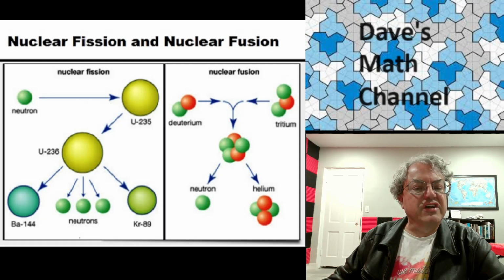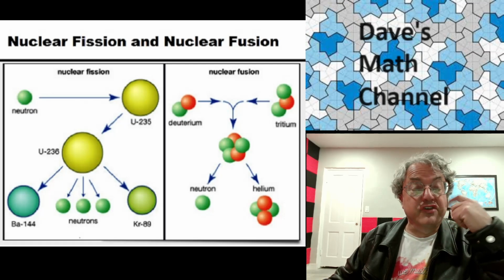I actually did this calculation, and I'm going to show you the details. Remember, I said maybe 60 or 70 kilograms of matter would power the whole United States for a year. Well, since fission only converts about a tenth of a percent of the matter to energy, that means about 60,000 kilograms, or 60 tons, of uranium 235.